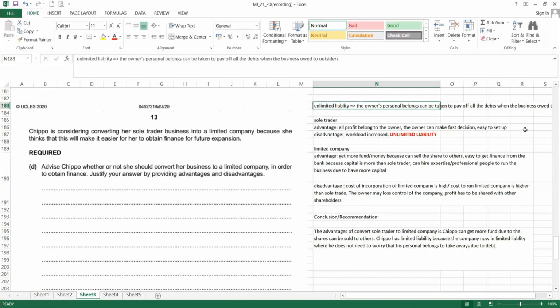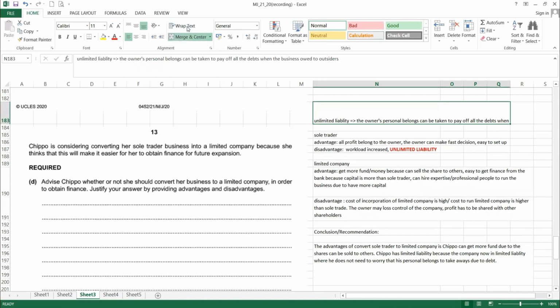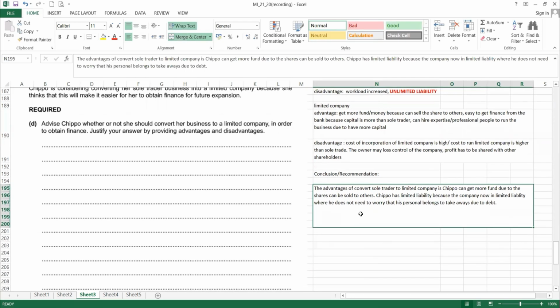So that is about unlimited liability. Okay, next. Now when he formed this company, he doesn't need to worry that his personal belongings will be taken away due to the debt anymore.